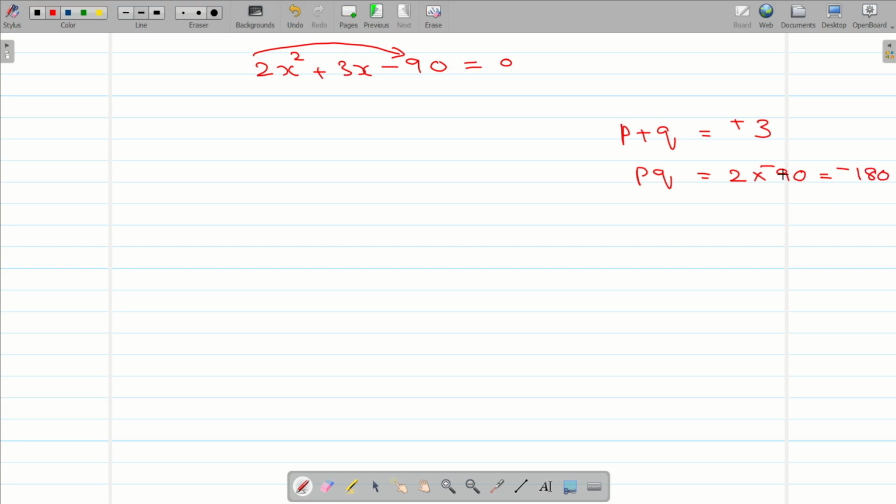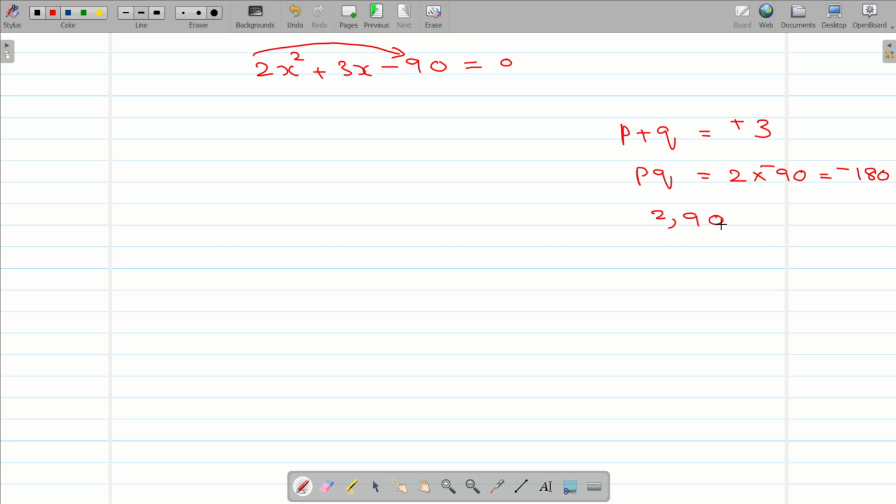The product is negative, therefore the numbers are of different signs. One is positive and the other is negative. And the bigger number is positive, that is why the sum of these two numbers is going to be plus 3. Which are those factors?